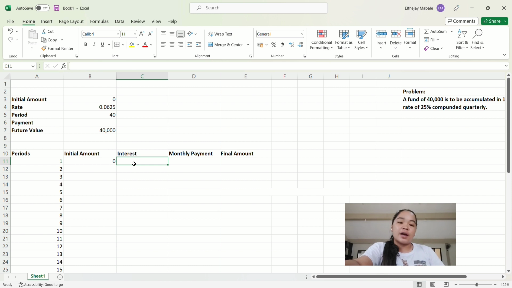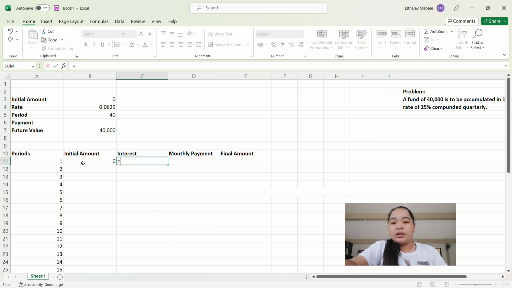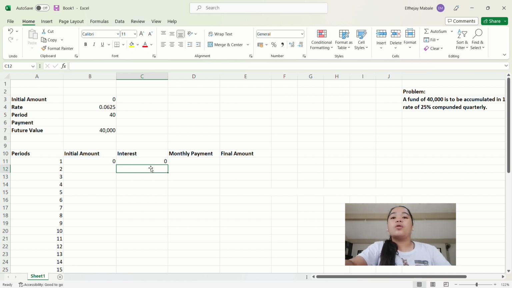And then in interest, we put an equal sign, click the initial amount, and then times the rate, which is 0.0625, then enter. So our interest is 0, because our initial amount is 0 times 0.0625 is equal to 0.